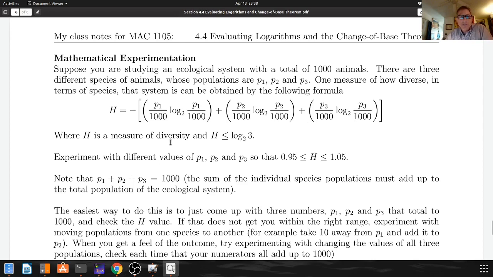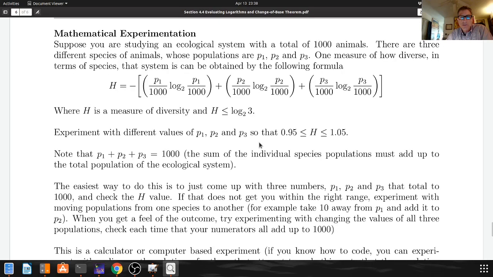Where H is a measure of diversity, and H is less than or equal to log to the base 2 of 3.